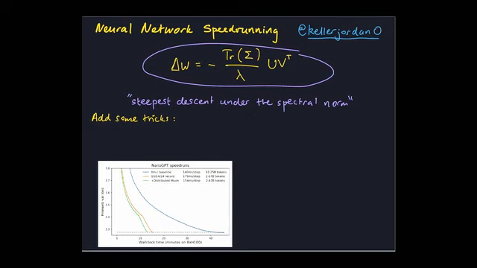He took a variant of this method and added some tricks to it, like momentum, and low precision. It's not really obvious how to compute this thing without doing an SVD, and you don't want to do an SVD when you're training a neural network because it's slow.